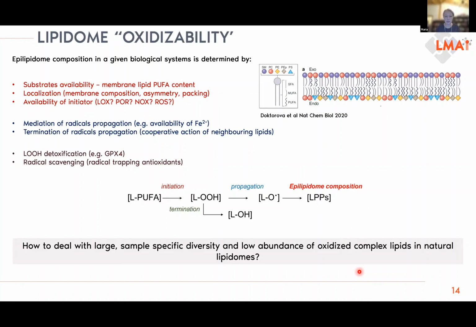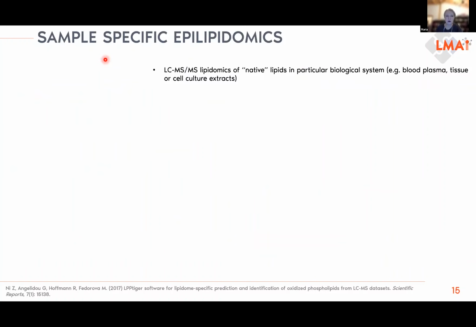So how can we account for all those different steps? Obviously, we cannot do that for all of those steps, but what we can do is account for the substrate specificity. With this, we came to the concept of sample-specific epilipidomics, and that is what we do now in the lab.